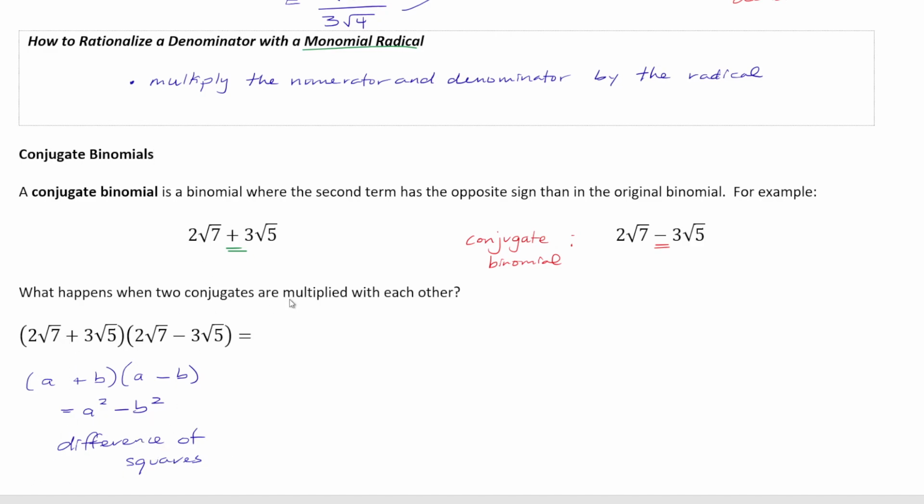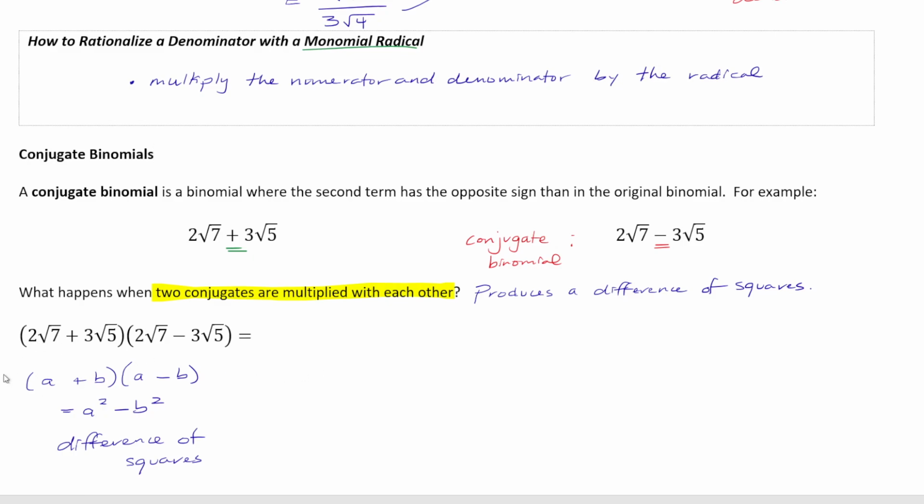So if I multiply two conjugates, we get a difference of squares. Multiplying conjugates produces a difference of squares.